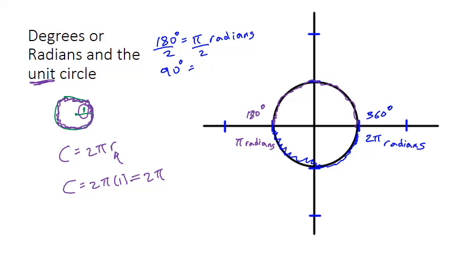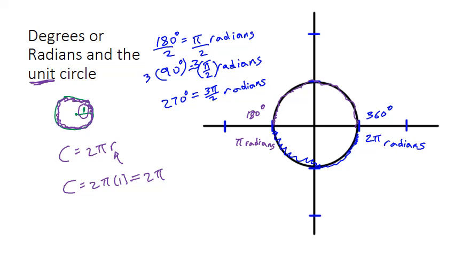So 90 degrees has to be pi over 2 radians. Also, what about 270 degrees? Well, we would have to multiply 90 by 3 in order to make that happen. So 270 degrees is equal to 3 pi over 2 radians.